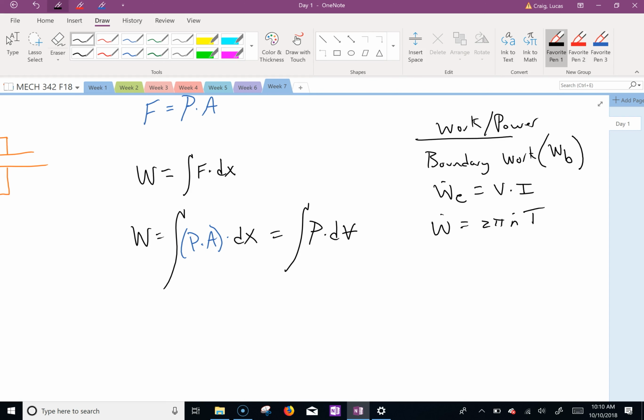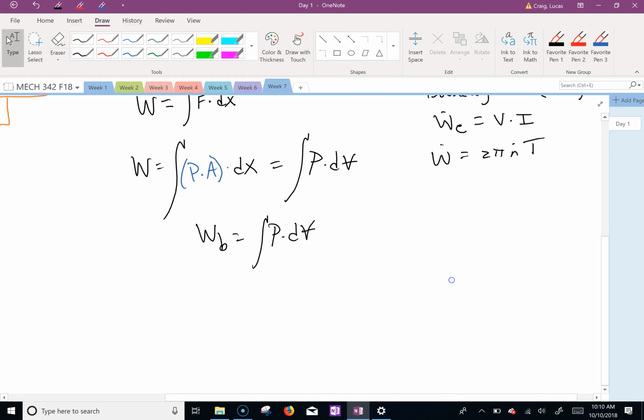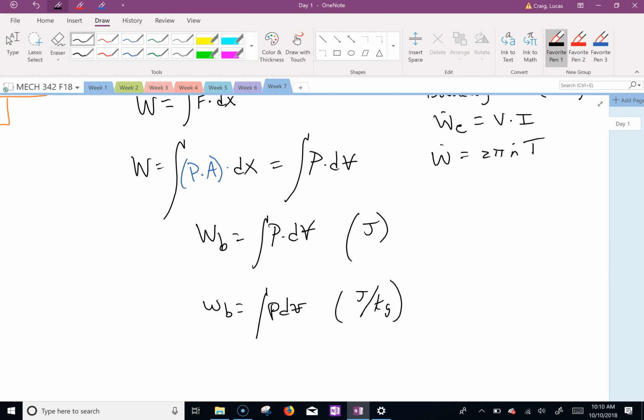So again, this boundary work we'll label WB is the integration of P dV. This would be in units of joules. If I did little b, this would be joules per kilogram, and the little v is specific volume.